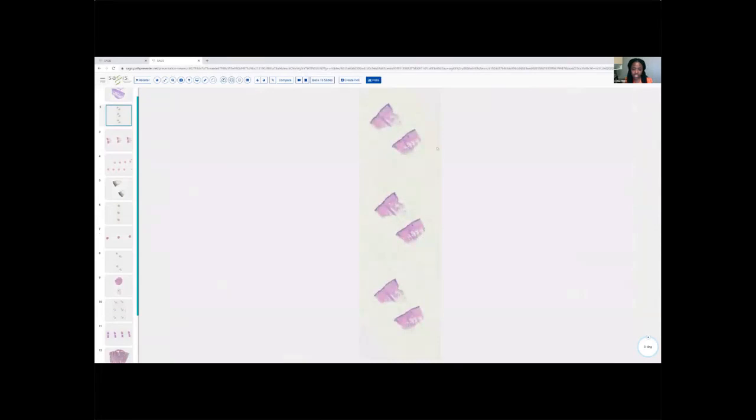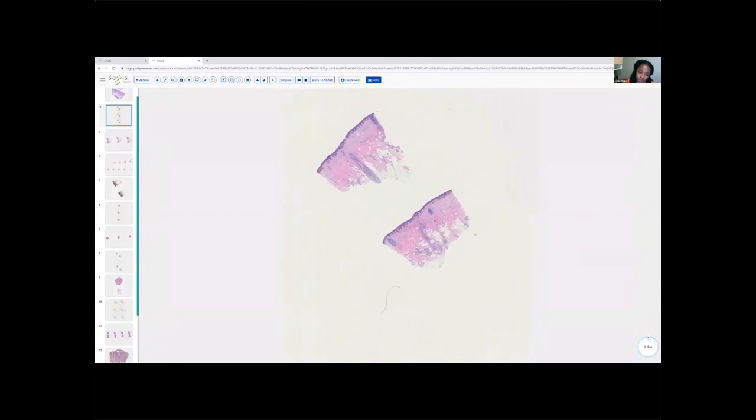All right, so with this case, now I want you to just keep in mind how our normal scalp looked, because it's strikingly different, right? So we have our rugated epidermis, but what we see immediately at low power is just the absence of hair.